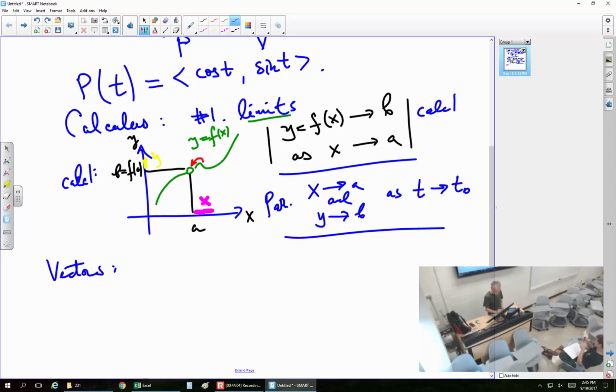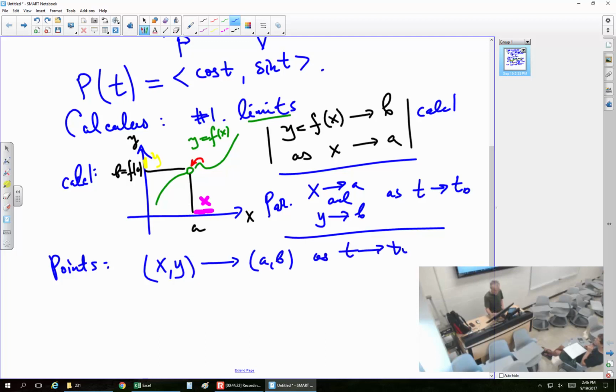Let me start with a point, x, y. I will do everything in parallel. So if we speak of points, then we're saying xy is approaching AB as t is approaching t naught. Of course, x is a function of t, y is a function of t.